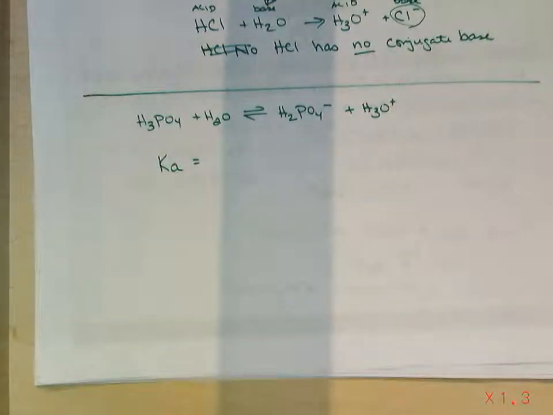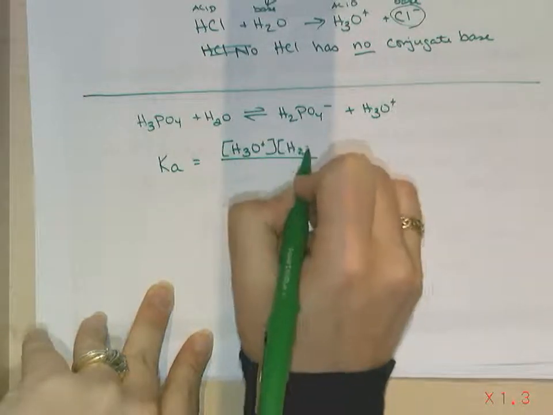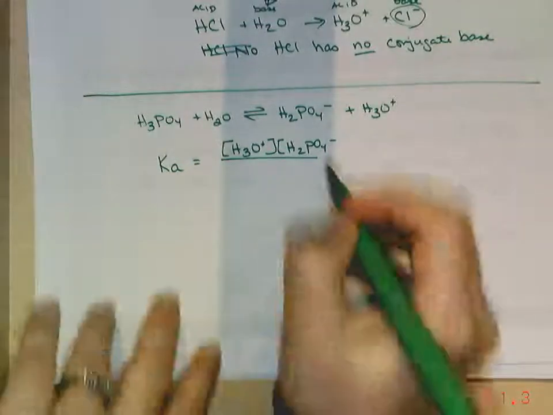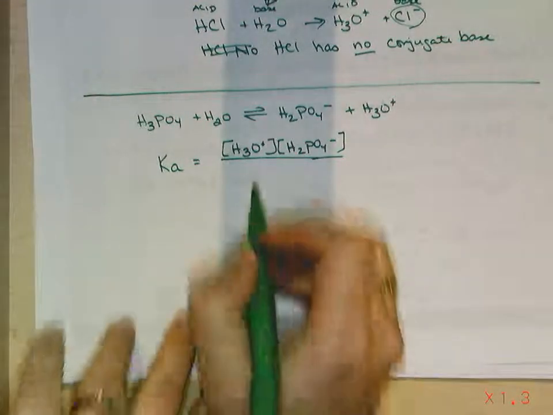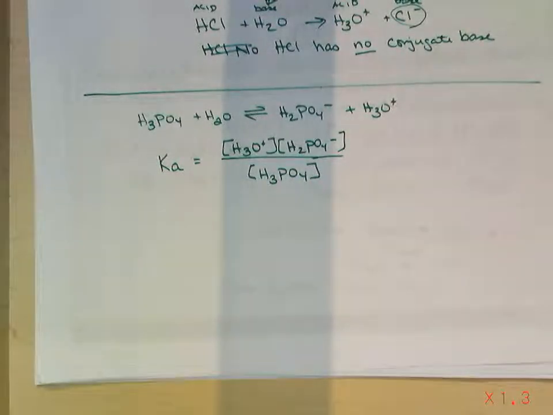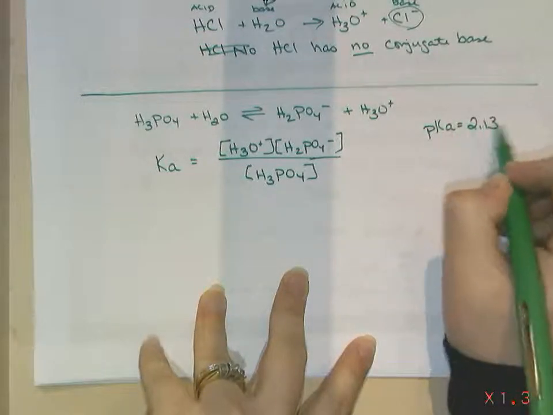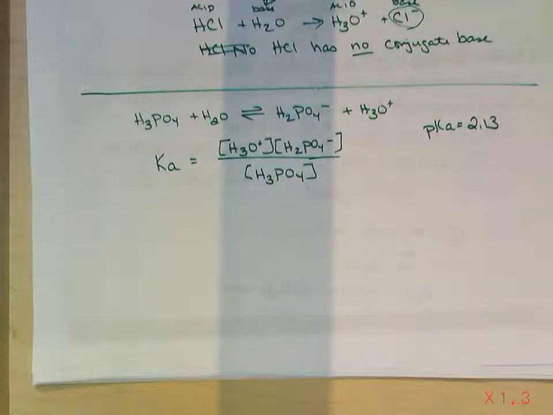If I wanted to write the K, in fact I do, I want to write the Ka expression for this reaction. What goes on the top, the products or the reactants? Okay. And I got two products. How many reactants do I put on the bottom? Just one, right? Well, I ignore that water. All right, and we know the pKa is 2.13. How would I find the Ka from the pKa? Anti-log. So 10 to the negative 2.13.